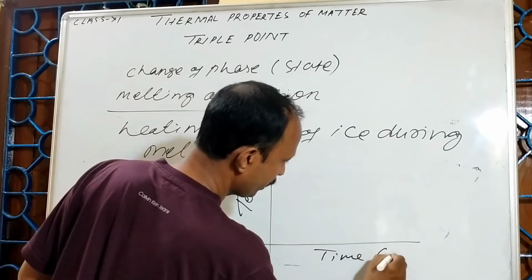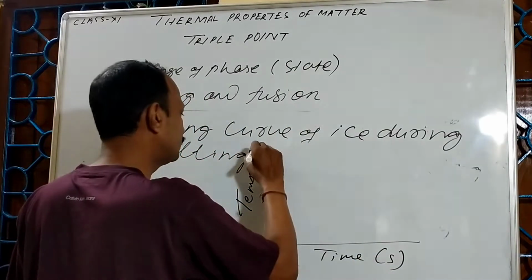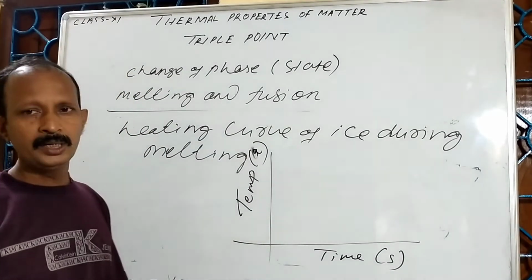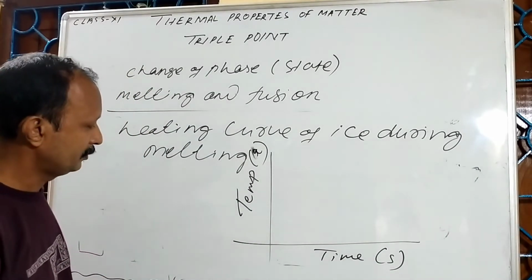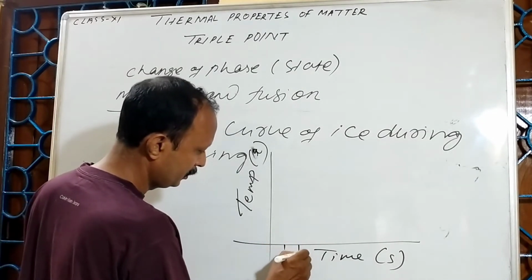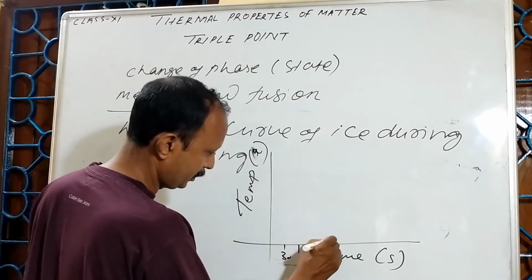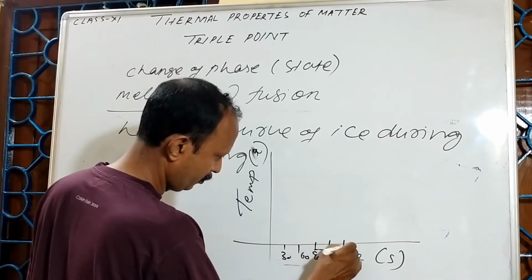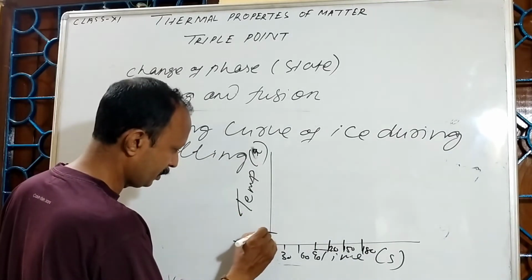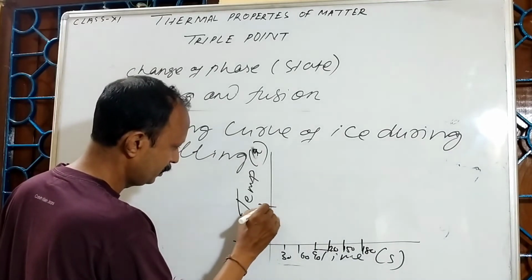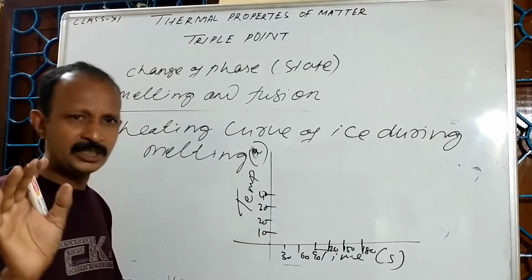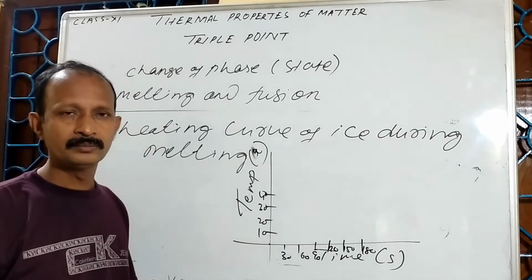Suppose time we are taking in seconds, temperature in degrees Celsius. If you draw the graph, for example, here I have taken 30 seconds, 60 seconds, 90 seconds, 120 seconds, 150 seconds, 180 seconds. Here I have taken 10 degrees, 20 degrees, 30 degrees, 40 degrees. Suppose the ice we have taken is at 0 degrees Celsius temperature.